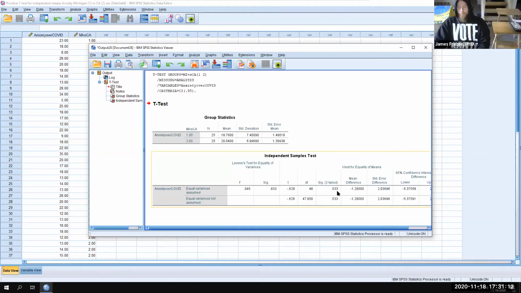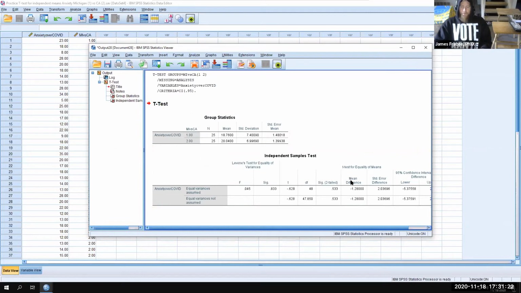That this is the normal amount of variability we see in making 2 groups of 25 sampled from the anxiety of COVID population. So because this number is so big here, 0.533, that happens more than half the time that you sample with 2 groups of 25 from the population of COVID anxiety.